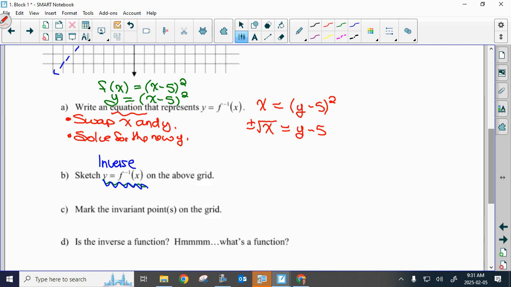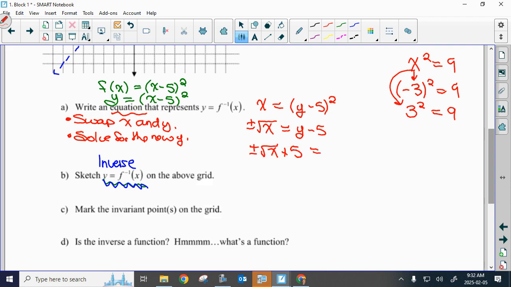So we know that negative 3 squared gives me 9, but positive 3 squared gives me 9. So if I say x squared gives me 9, I have to acknowledge both the positive and the negative, right? You guys remember that? So whenever you apply the square root, you have to put plus minus. So now I've got y equals plus minus the square root of x plus 5, and my inverse equation actually has a positive and a negative component to it.